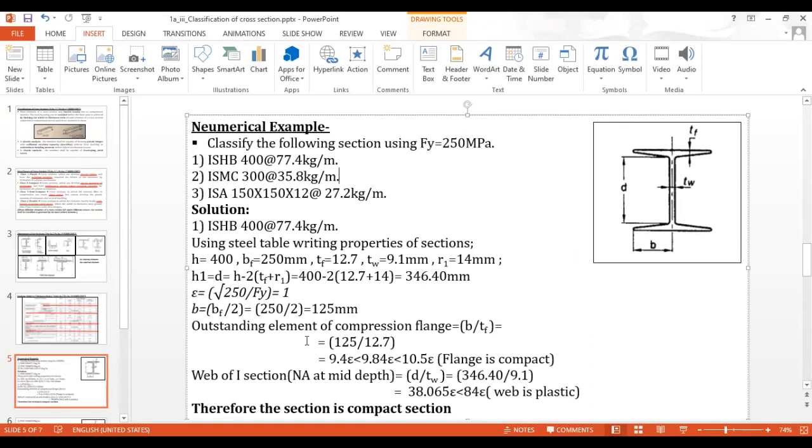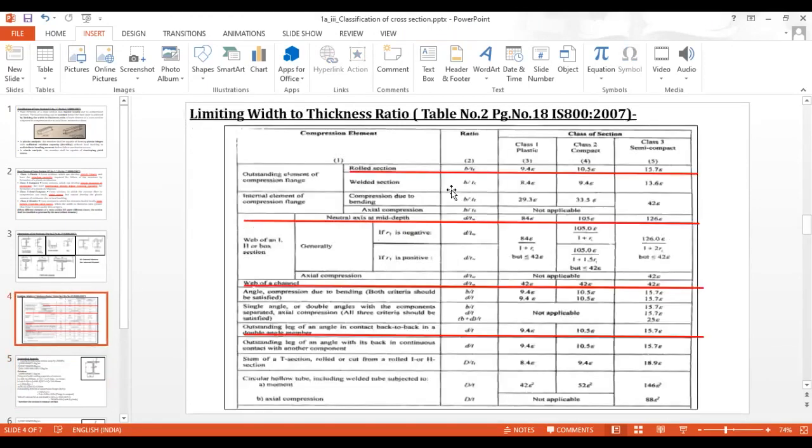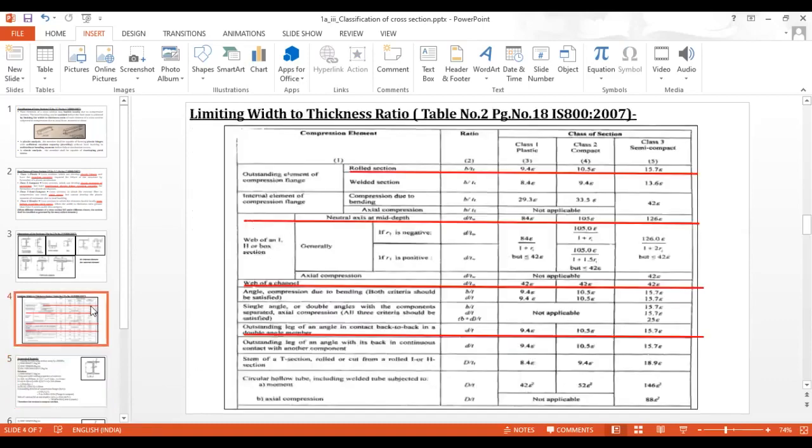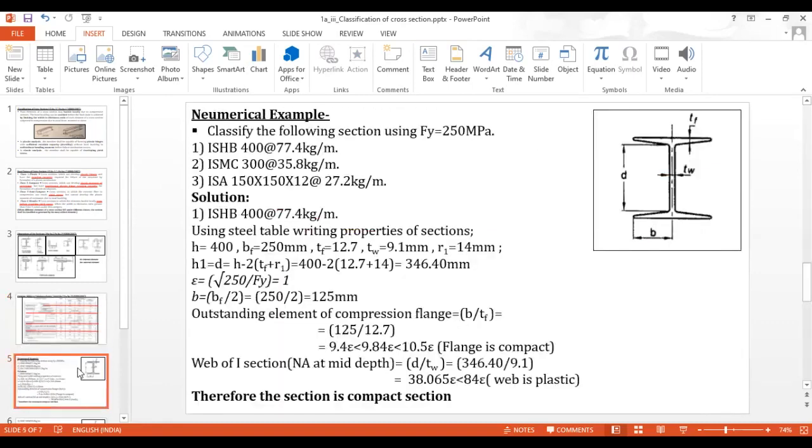Then the outstanding element of a compression flange is nothing but the ratio of B upon TF. So we are taking this ratio: 125 divided by 12.7, which is equal to 9.84 epsilon.